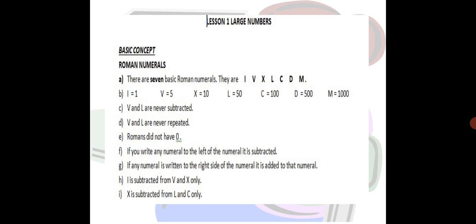The symbols used in the Roman number system are I, V, X, L, C, D, M. Compared with the Indian system, I means 1, V means 5, X means 10, L means 50, C means 100, D means 500, and M means 1000.